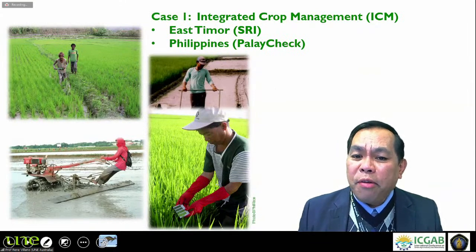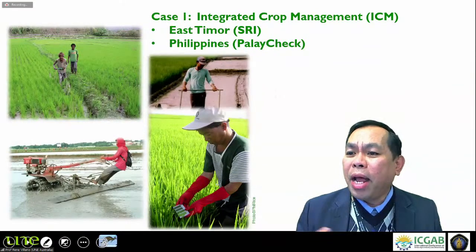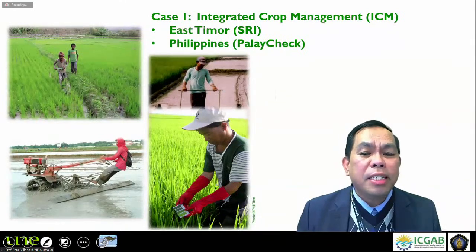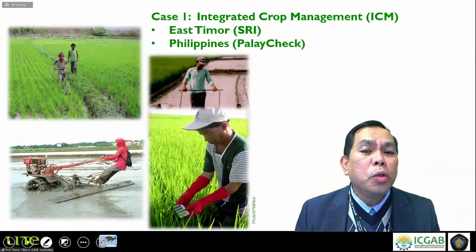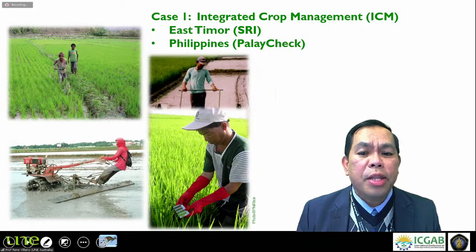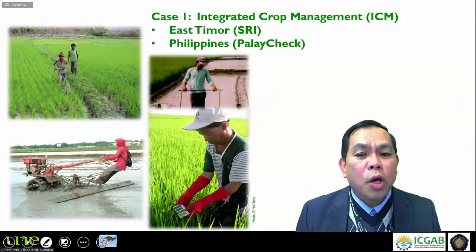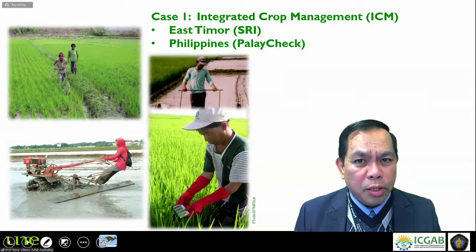These techniques improve the efficiency of applying fertilizer and pesticides, and also consider the human health dimension. There has been some evidence of the success of this technology. However, there is also evidence of disadoption.